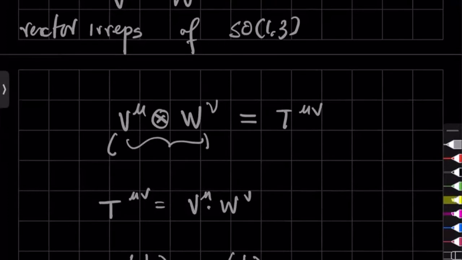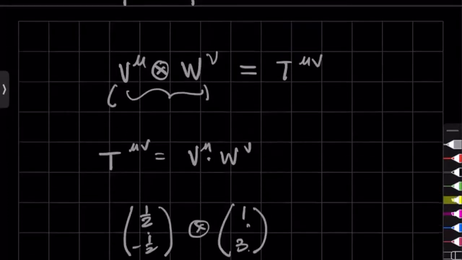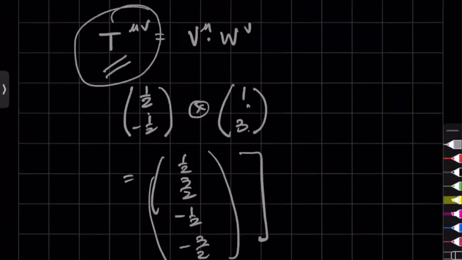It's basically a flattened version of this, because this looks like a matrix, right? But you can say, okay, I'm just going to flatten this out. So there are many different ways that you can write this.